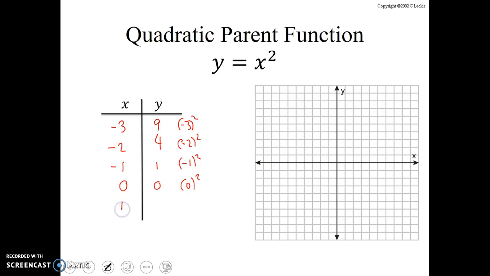And then if I start looking at the positives, 1 squared will give me the same thing as -1 squared, which is +1. So you can see that we're starting to get symmetric on each side. If I go to 2, it's going to be the same thing as -2, because you can see that, okay, we do have symmetrical pieces now.